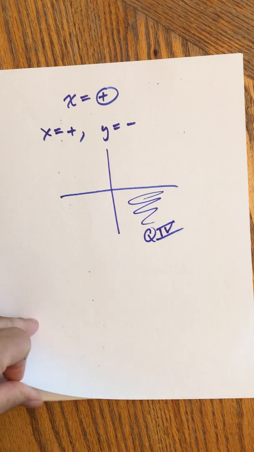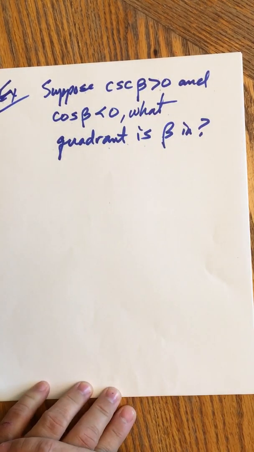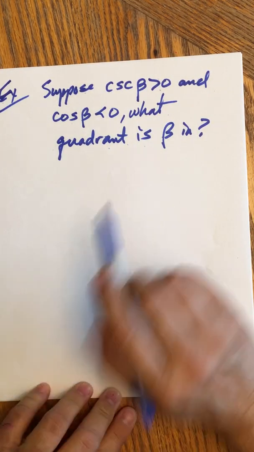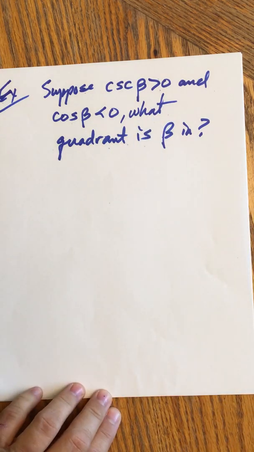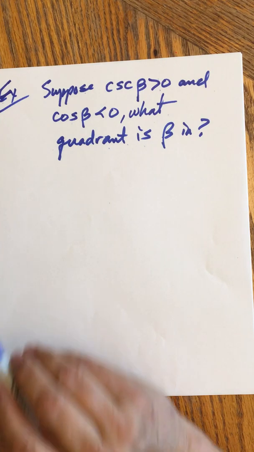All right, let's take a look at another example. Suppose I have here cosecant of beta is positive, it's greater than 0, and cosine of beta is negative, right? It's less than 0. What quadrant is beta in? So go ahead and pause the video and try that.